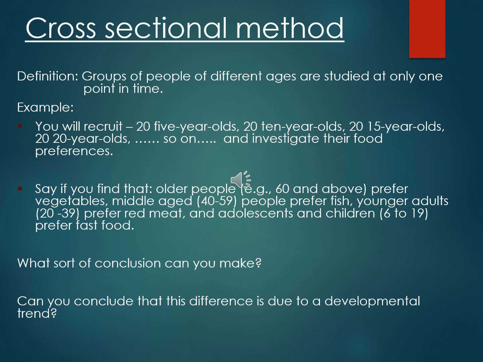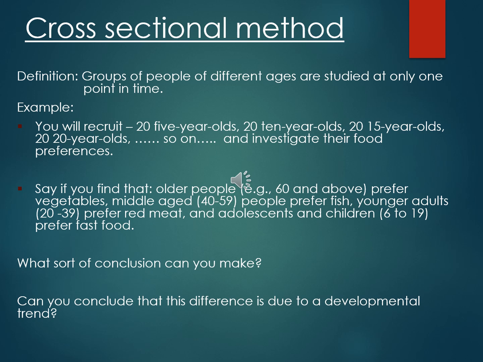And then you look at how the responses or some psychological properties such as preference for food are different across different age groups. And then based on that, you're going to infer the difference that you observe across different age groups, like 5 to 10 to 15, are due to development.